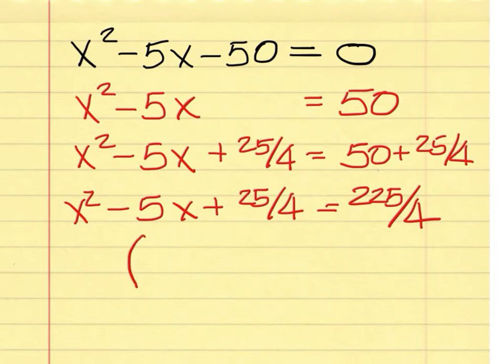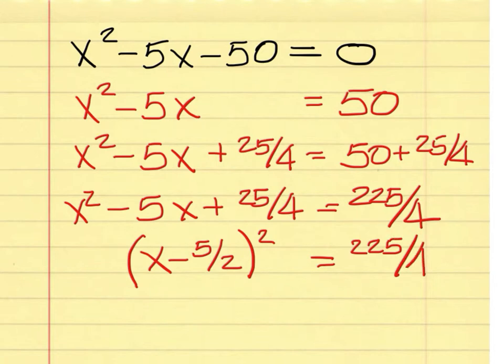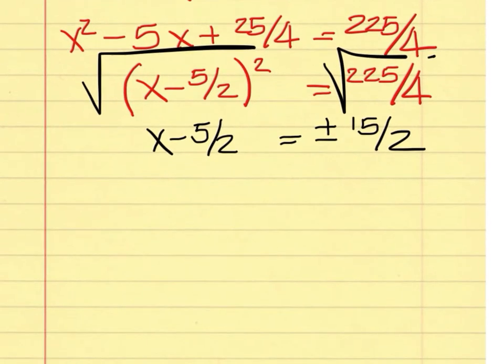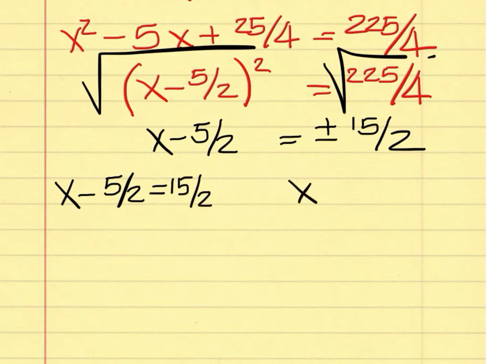If I simplify the left-hand side, I have the quantity squared of x minus 5 over 2. And then on the right, I still have 225 over 4. The square root of both sides will give me x minus 5 over 2 and plus or minus 15 over 2. I have two equations to solve now. X minus 5 over 2 equals 15 over 2, and x minus 5 over 2 equals negative 15 over 2.